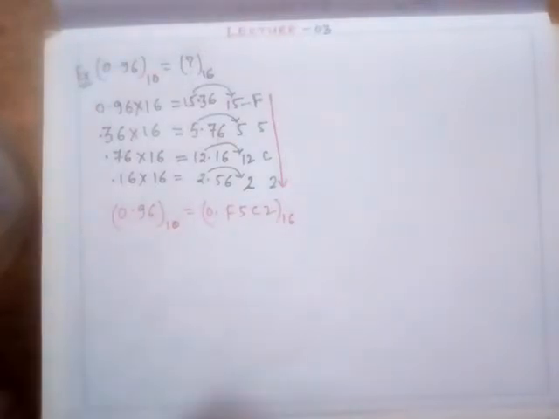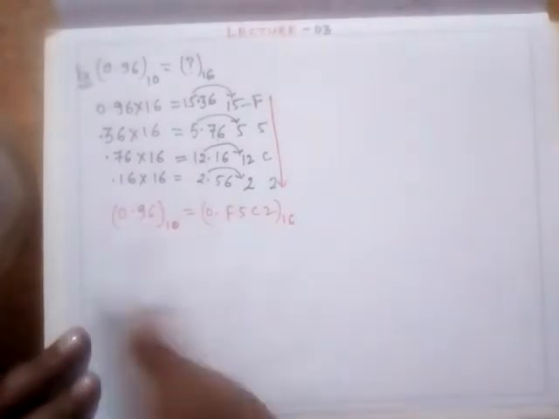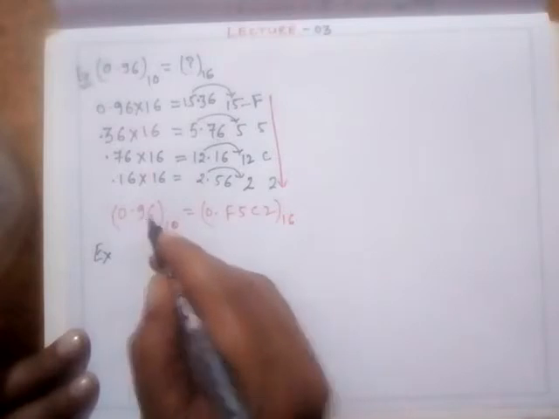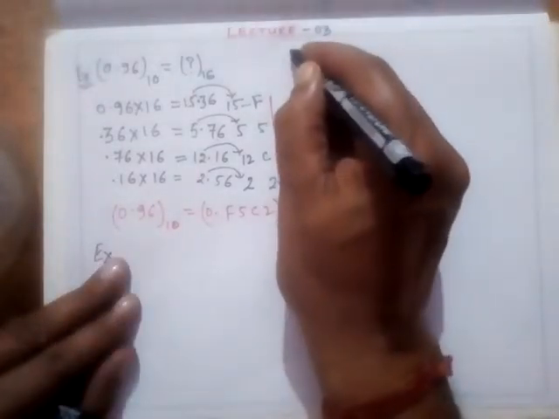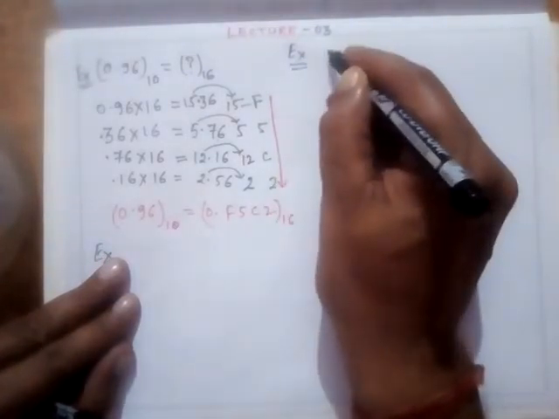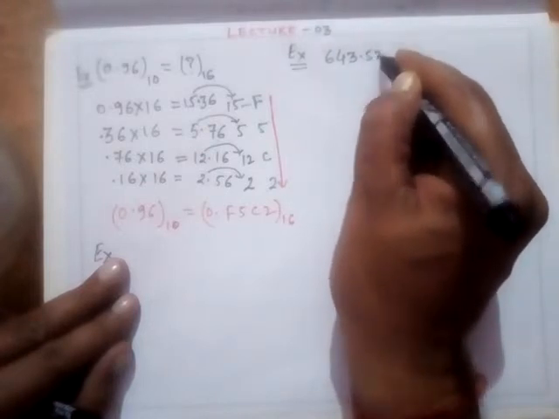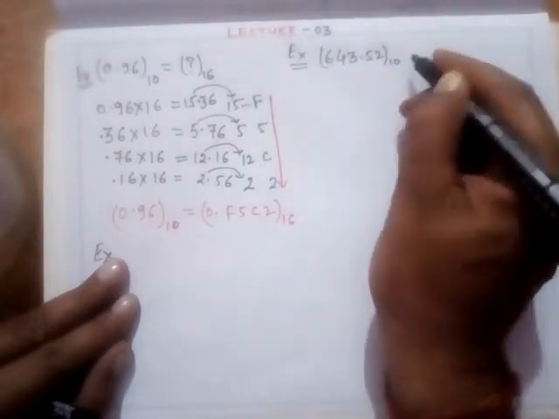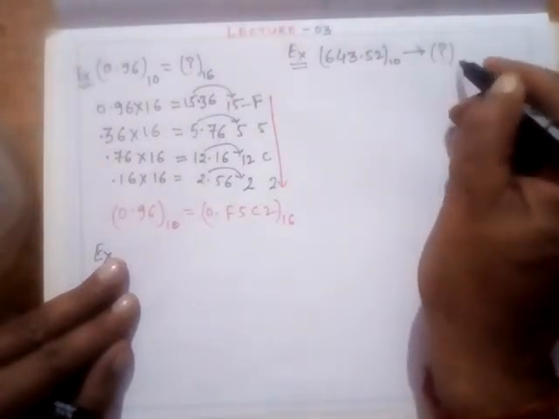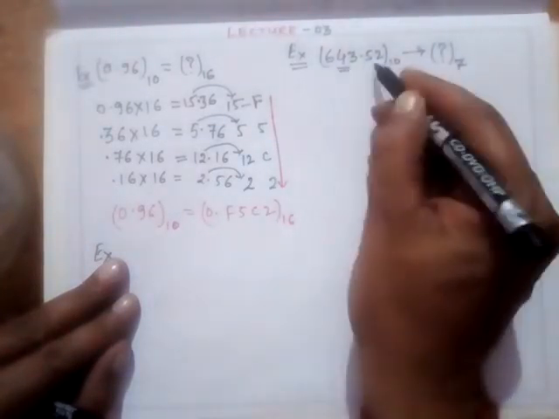Suppose I say convert 643.52 base 10 into, say, an arbitrary base. Suppose I say convert this into base 7. Now this is the integer part and this is the fractional part.